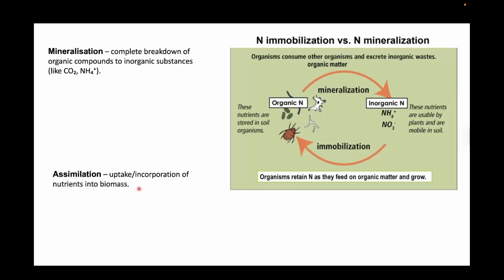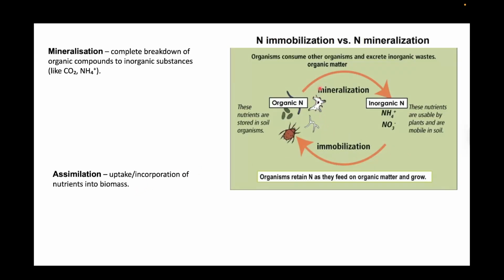Okay. And what is assimilation or immobilization? Uptake or incorporation of nutrients into the biomass is known as assimilation. Uptake of the nutrients or minerals to create biomass is known as assimilation.